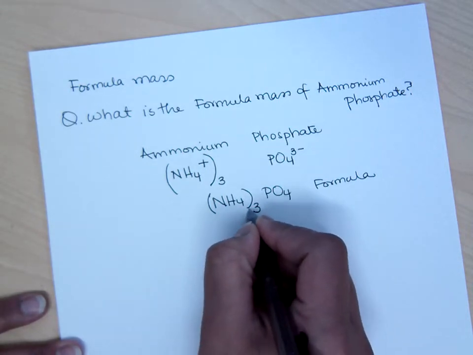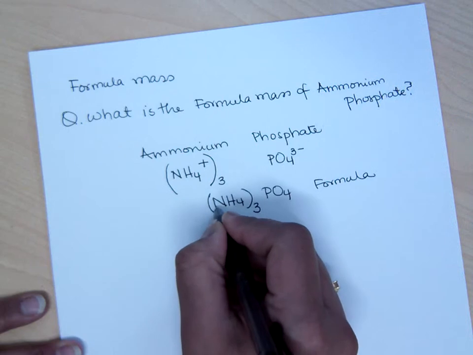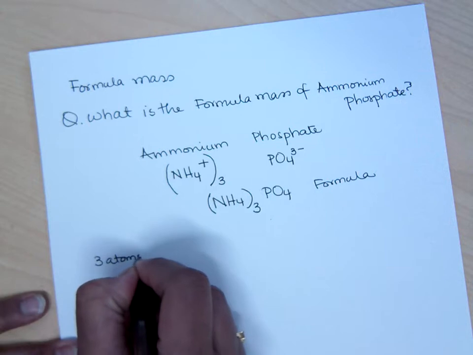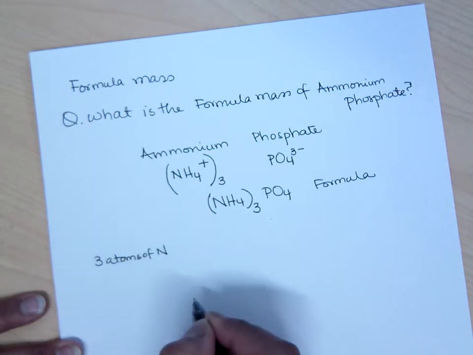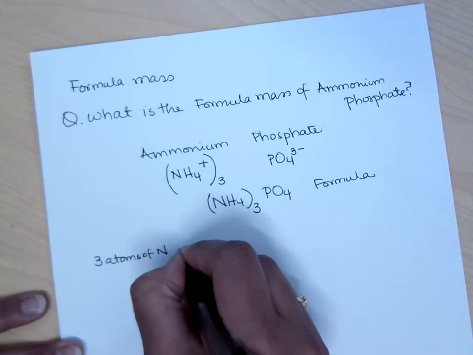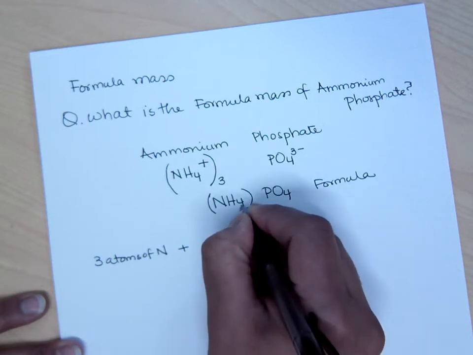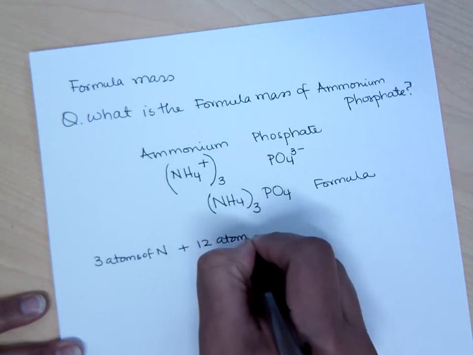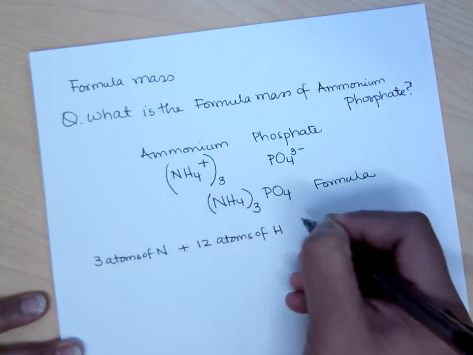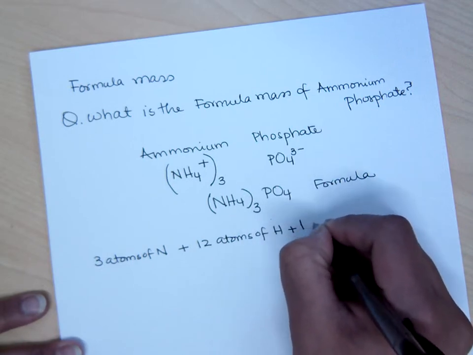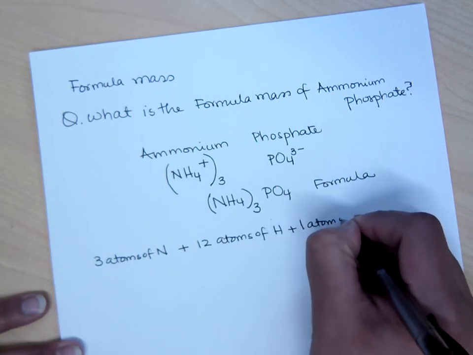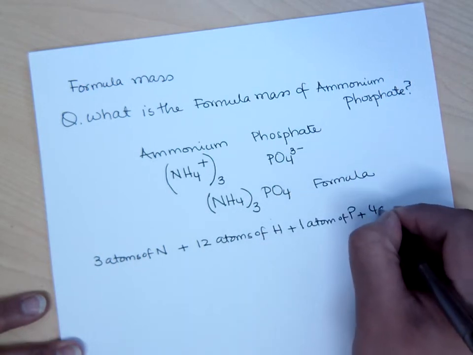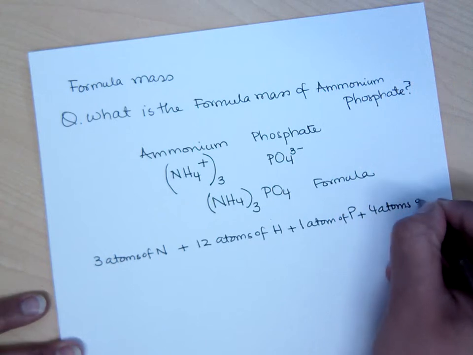This subscript gets multiplied by the symbol, which tells us that there are 3 atoms of nitrogen, and 3 times 4, which means 12 atoms of hydrogen, plus 1 atom of phosphorus, plus 4 atoms of oxygen.